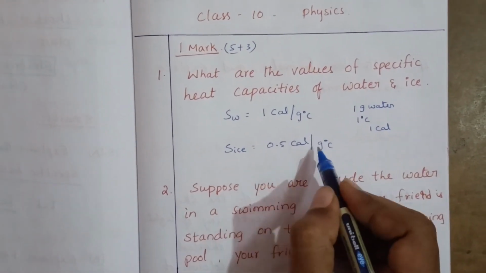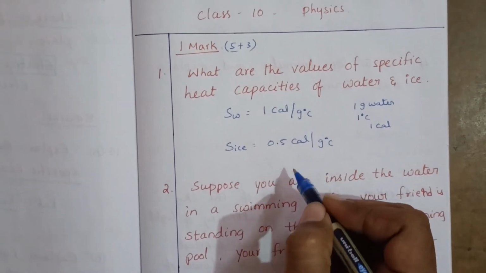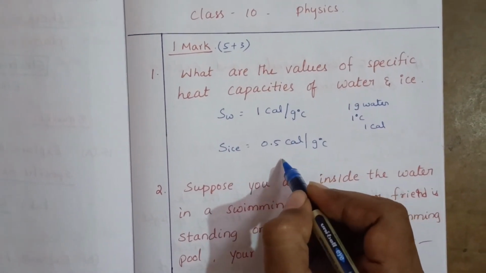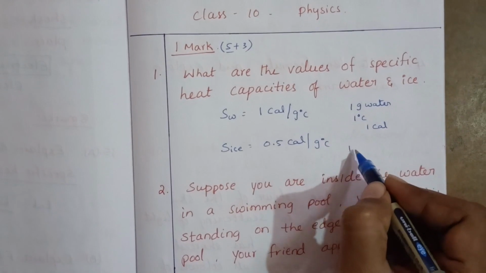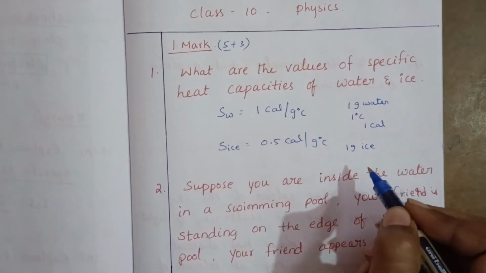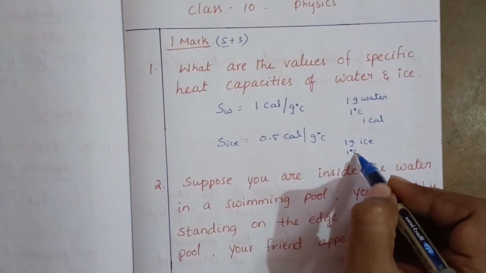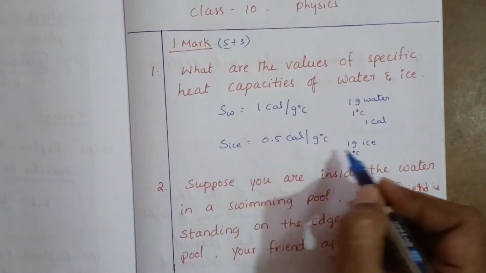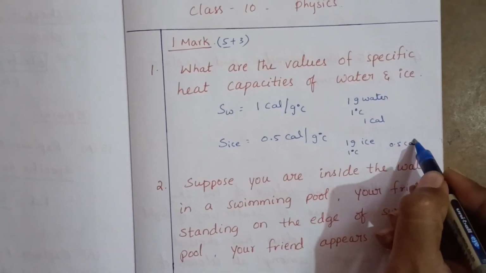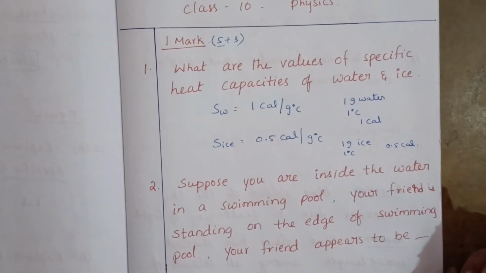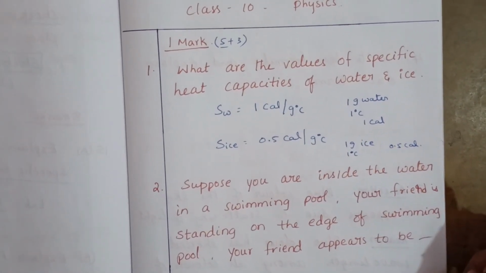Now 0.5 calorie per gram degree Celsius: to increase the temperature of 1 gram of ice by 1 degree Celsius, we should give 0.5 calories of heat energy.